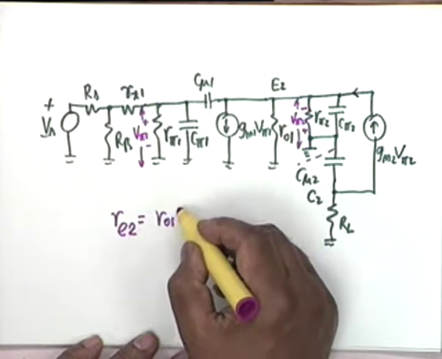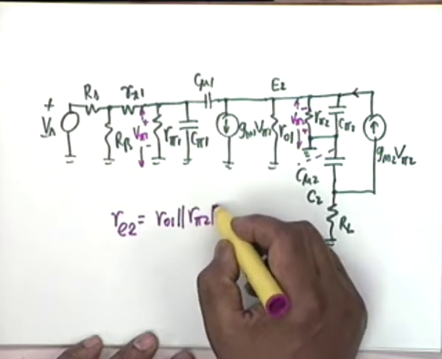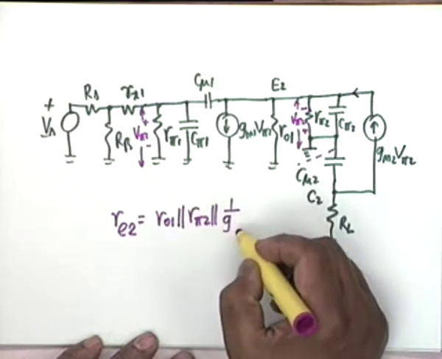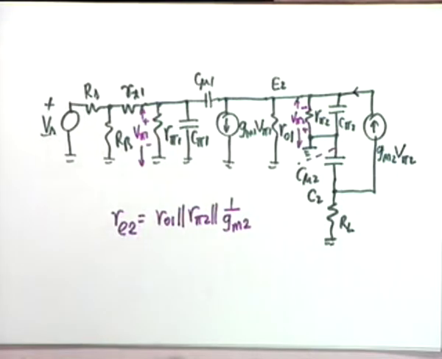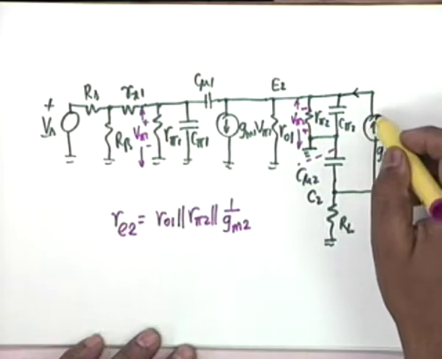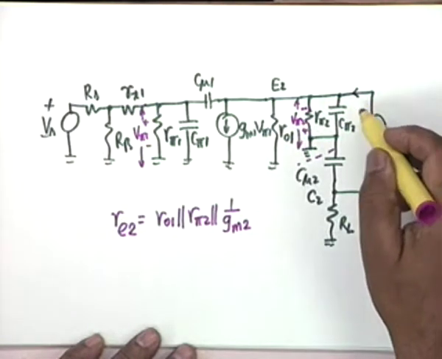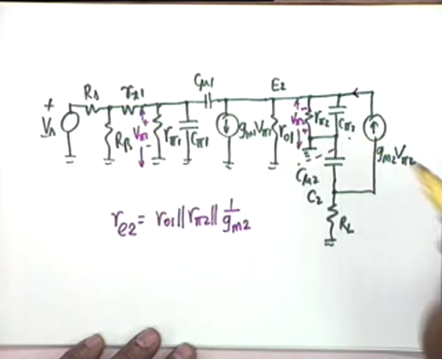RE2 is R01 parallel R pi 2 parallel 1 by GM2. Agree? This is one simplification that I have, after considering this current generator as equivalent to a resistance of 1 by GM2 from E2 to ground.